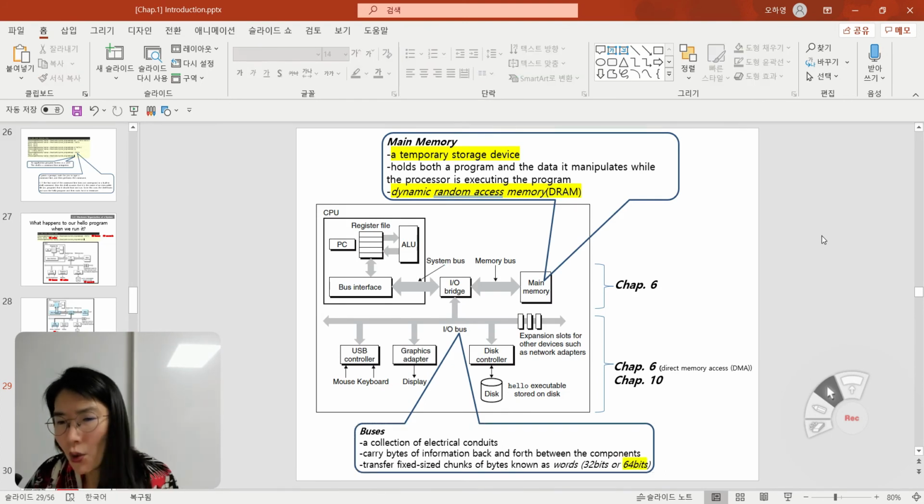Okay, so we can check or learn these concepts in both chapter 6 and chapter 10, okay? So we can learn them soon, okay? And we can also check the DMA concept too. That is the abbreviation of direct memory access.